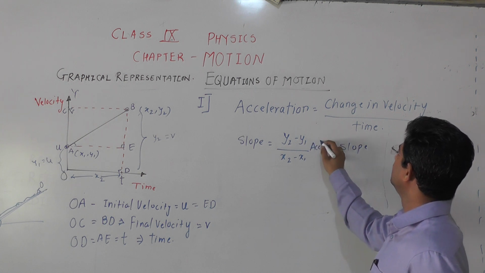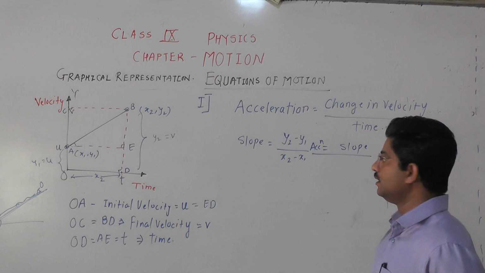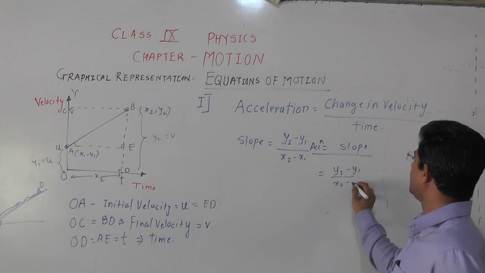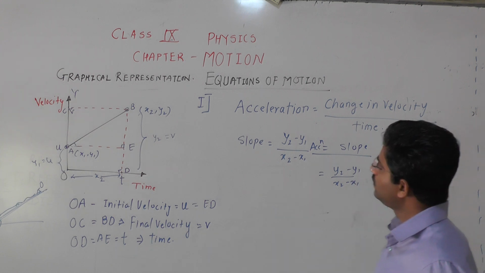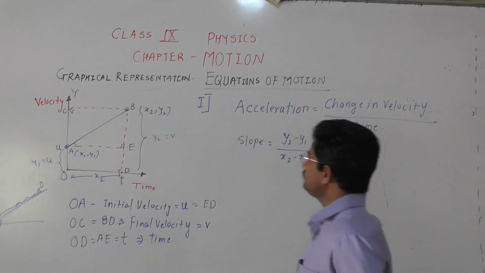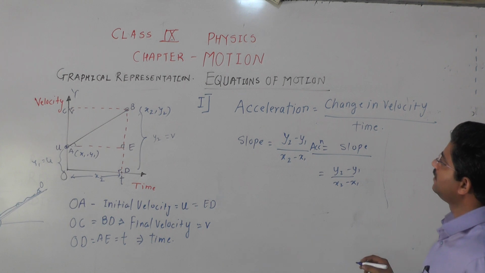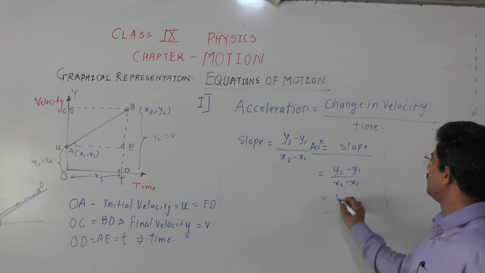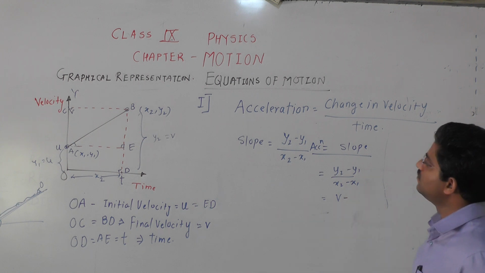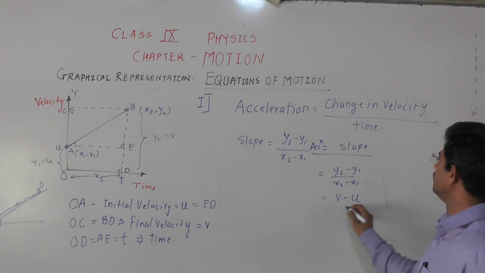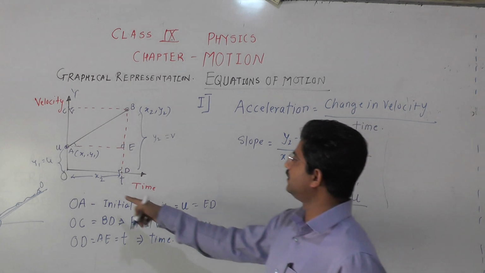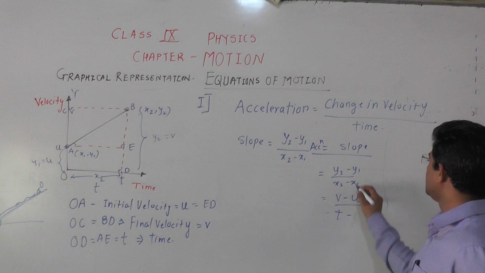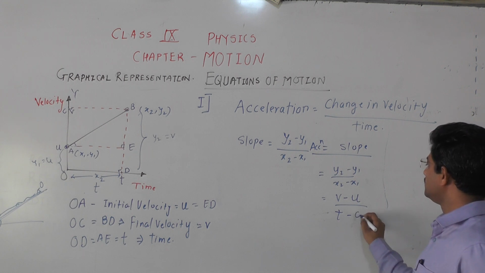Acceleration is equal to the slope, and slope is nothing but y2 minus y1 upon x2 minus x1. If you want to derive these values, y2 is v here, and y1 is equal to u, and x2 is our time t, minus the initial time x1, which is 0.